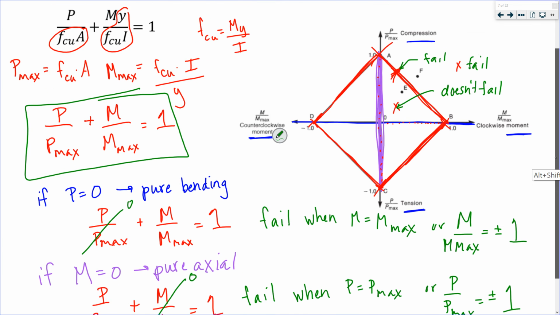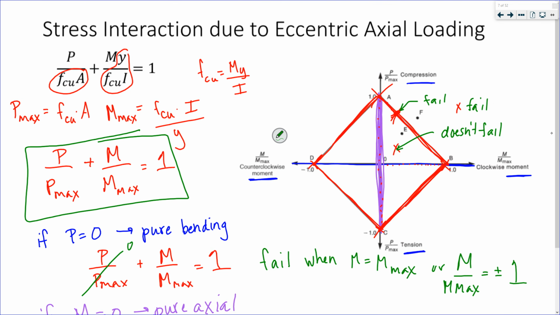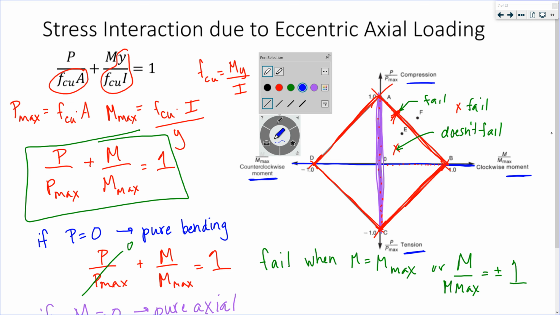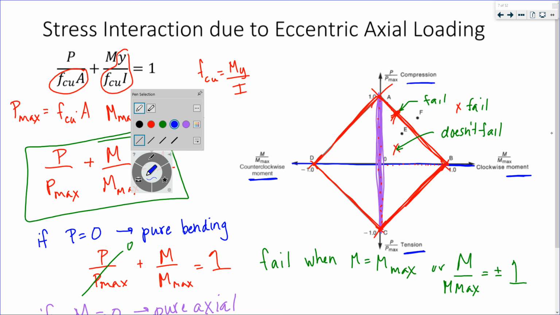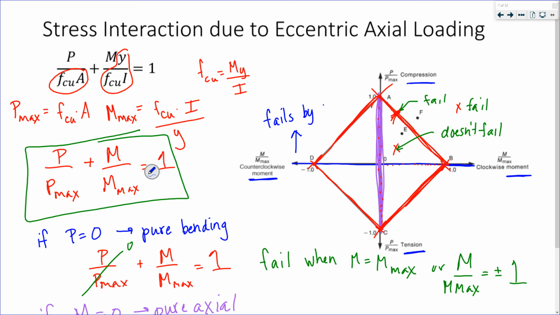Something else to note is above, when P is positive, this fails by compression. Sorry, governed by compression. By axial compression.